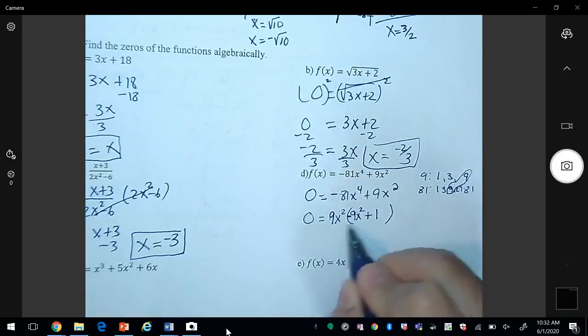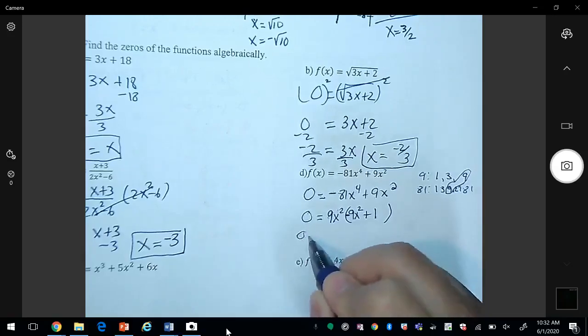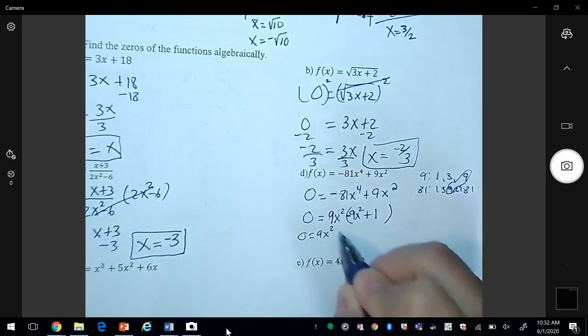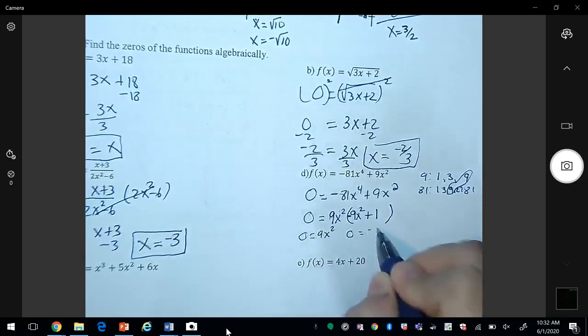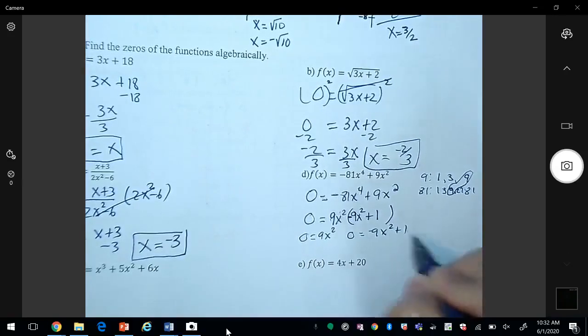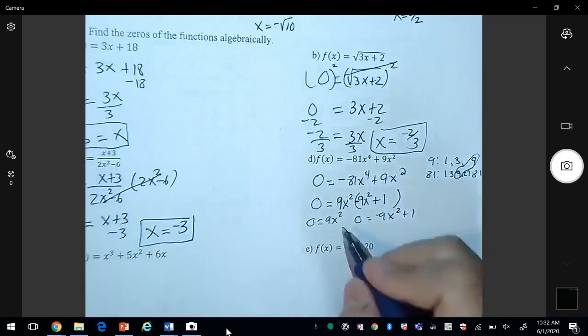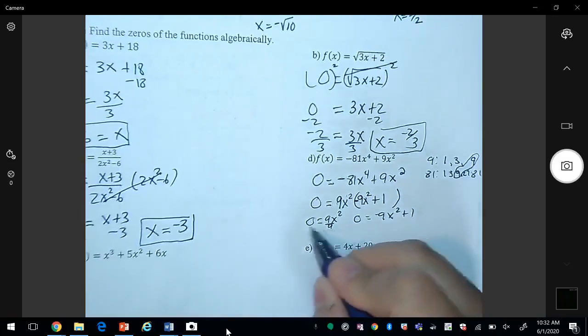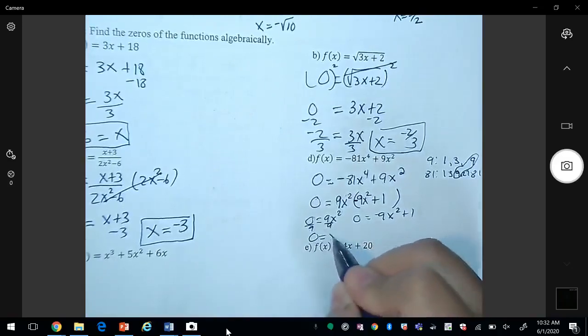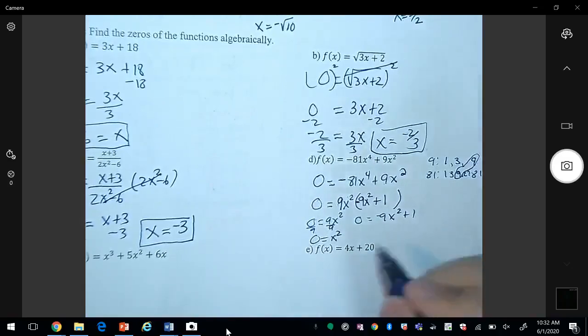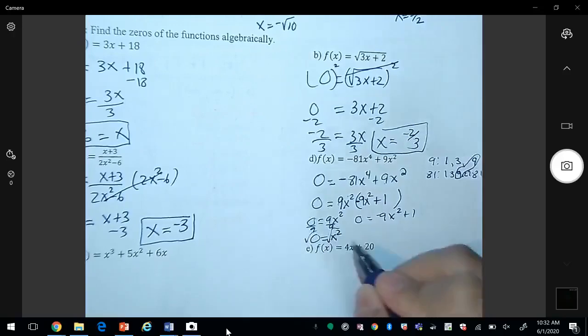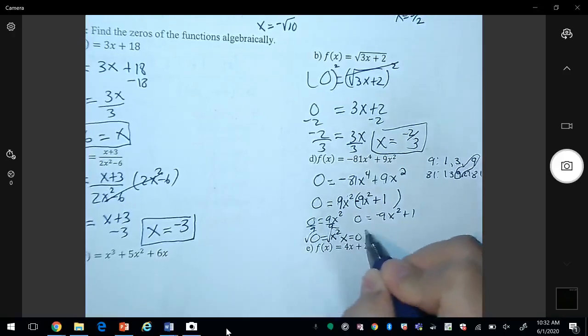So I have two factors, so I can set each one equal to 0. So in here, if I divide by 9, I get 0 is equal to x squared. Take the square root on both sides, so that gives me x is equal to 0.